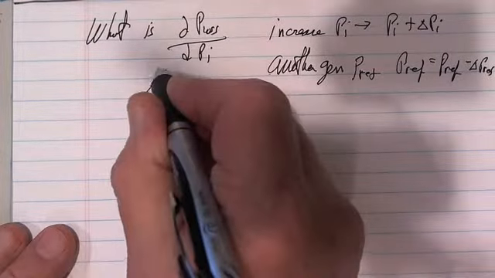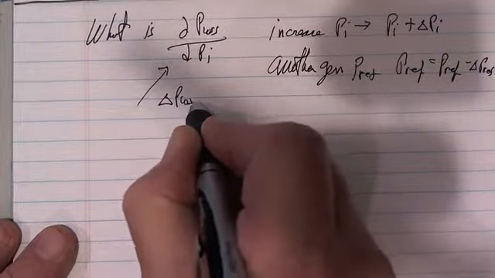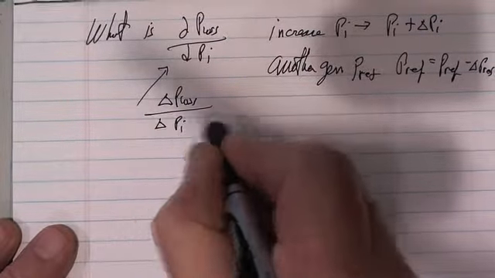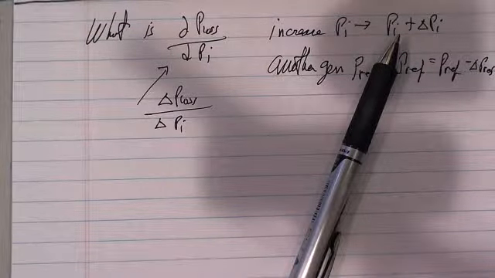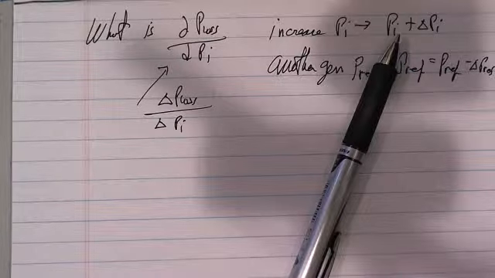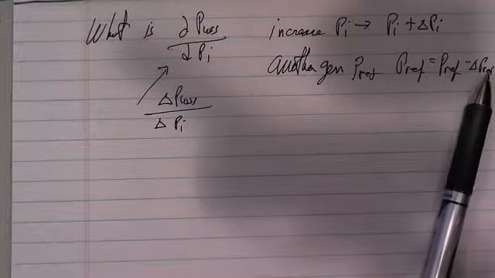Now, are they the same? Well, they would be if the losses didn't change. But in any event, this represents the limit of delta P loss divided by delta Pi, as you remember your calculus, as you make that delta Pi change. So it's the change in losses as I increase Pi just a small amount, and I'm making a compensating change over here.